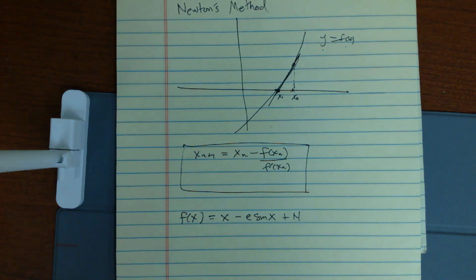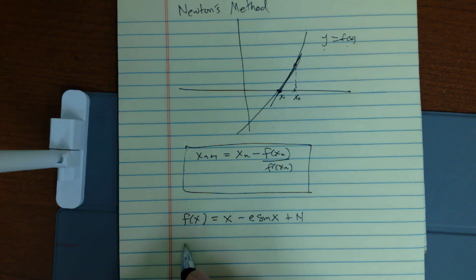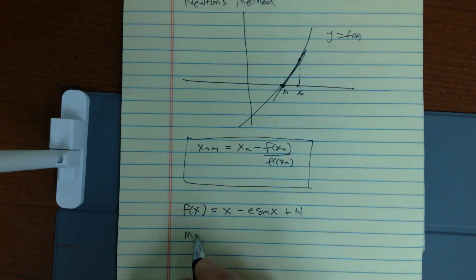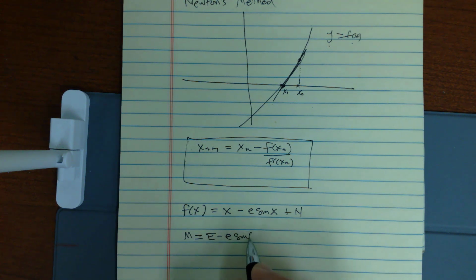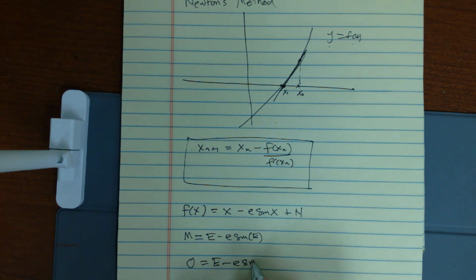And so in Kepler's equation, since it is M is equal to E minus e sine of E, okay, we put this in a form that's equal to 0. All right.